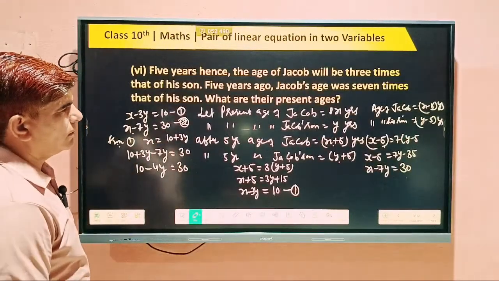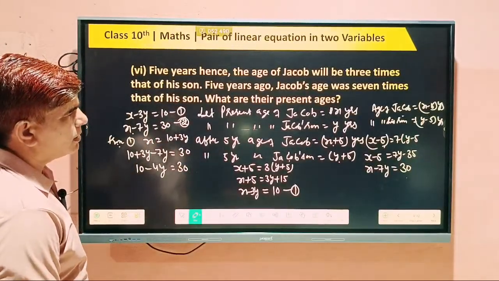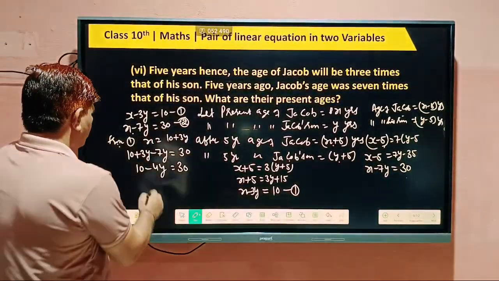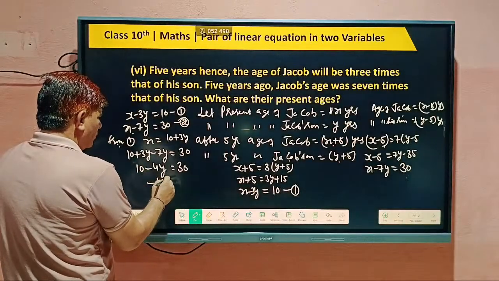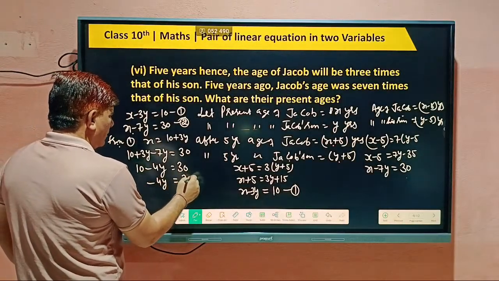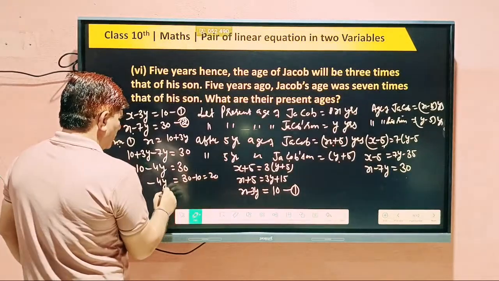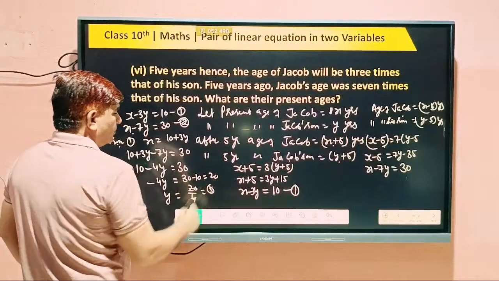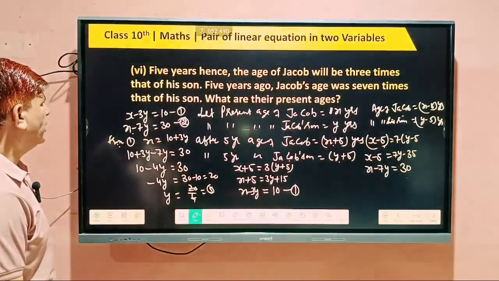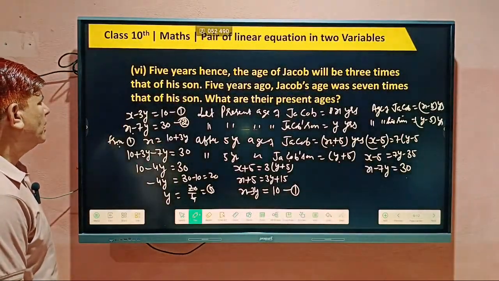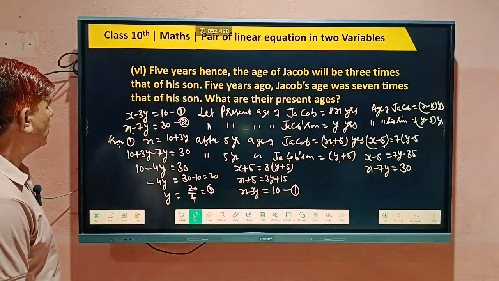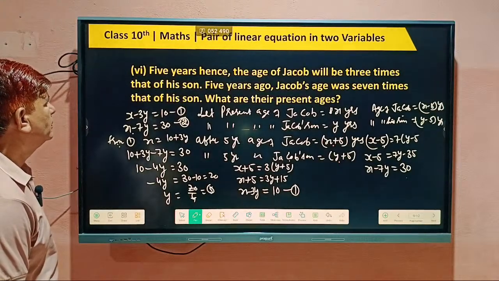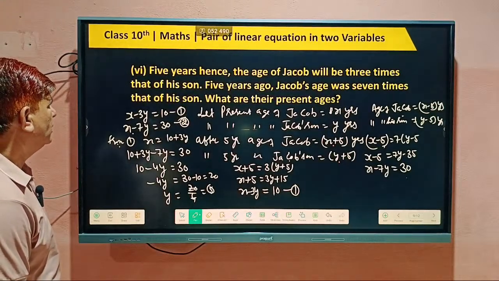So minus 4y is equal to 30 minus 10. How much? 20. So what's the value of y? 20 by 4. How much? 5. Putting the value of y equal to 5 here. So what's the value of x? 5 3s are 15.